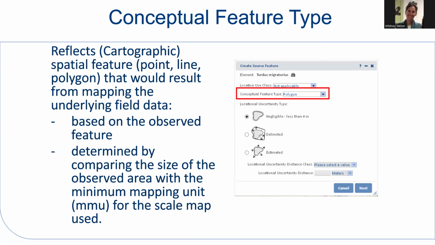So when you're out in the field, if you think of 9 meters, and what you're observing, in this case a piping plover, was observed as less than 9 meters, which it would be, then the conceptual feature type in that case would be a point because it is less than 9 meters.